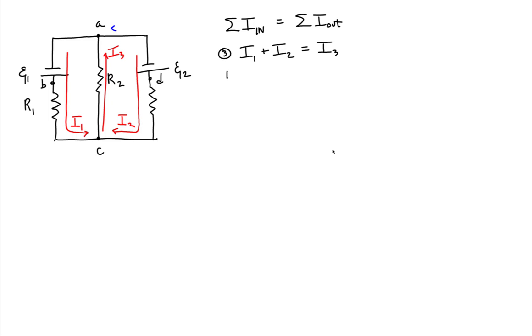The first one we found from Kirchhoff's law was the EMF of loop 1 minus 2I1R plus 2I2R minus the EMF of battery 2 is equal to 0.